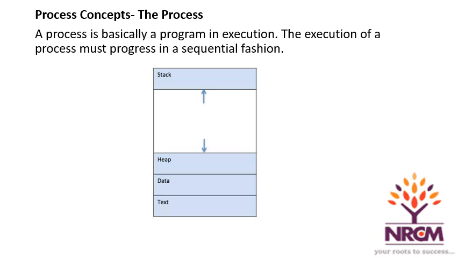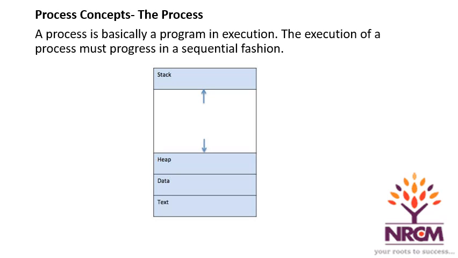To put it in simple terms, we write our computer programs in a text file and when we execute this program, it becomes a process which performs all the tasks mentioned in the program. When the program is loaded into the memory, it becomes a process. It can be divided into 4 sections.